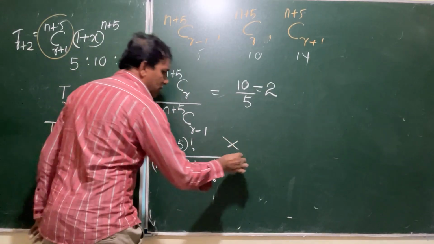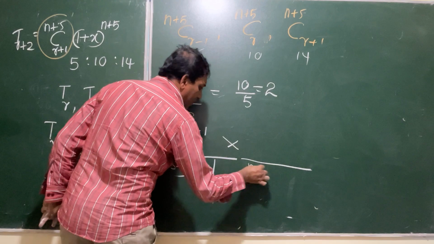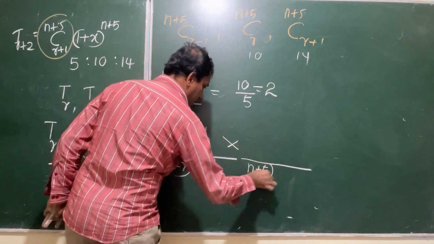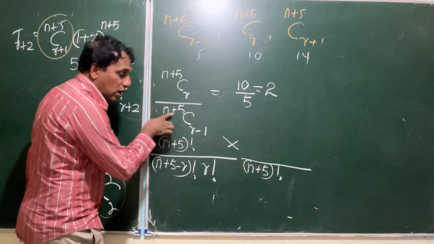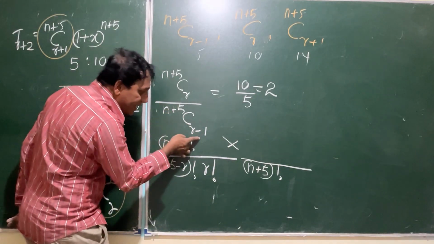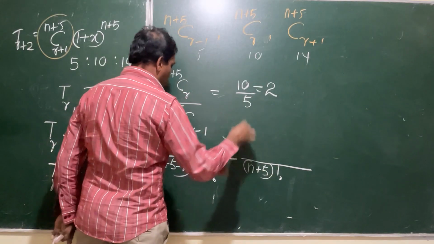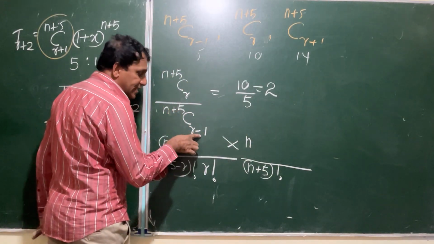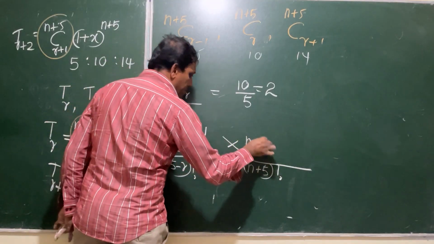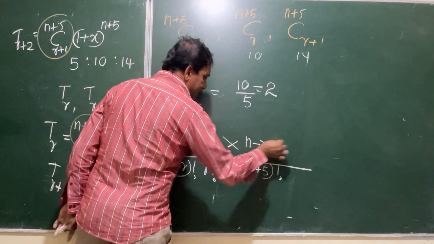So multiplying, can I write this first? (n plus 5) factorial over this minus this. This minus this, what happened? It goes up in the numerator: n plus 5 minus that, minus r, n minus r, 5 minus 1 plus 6, okay?